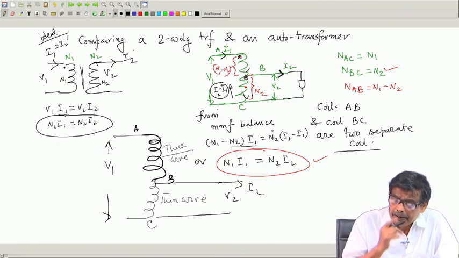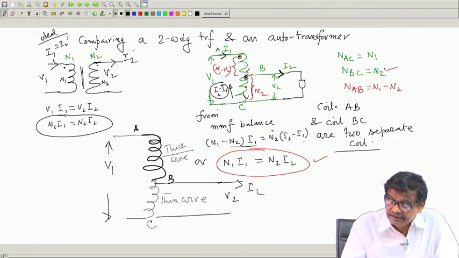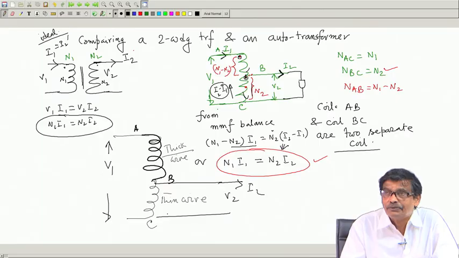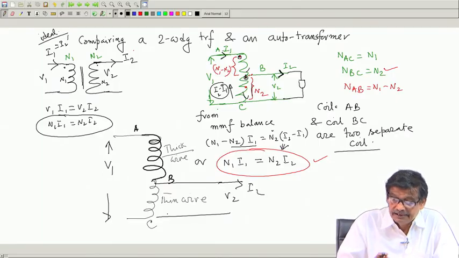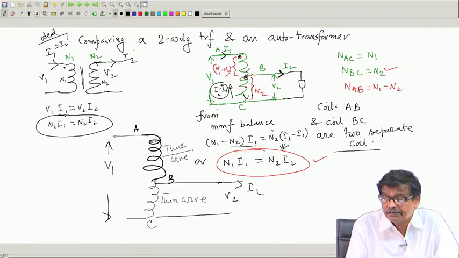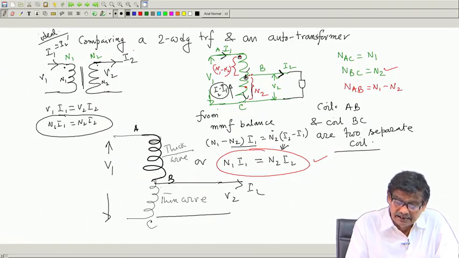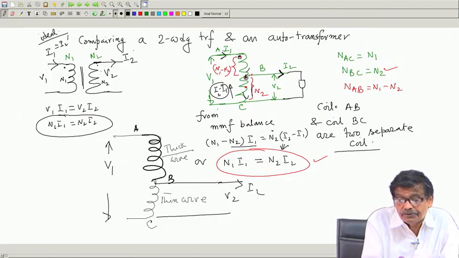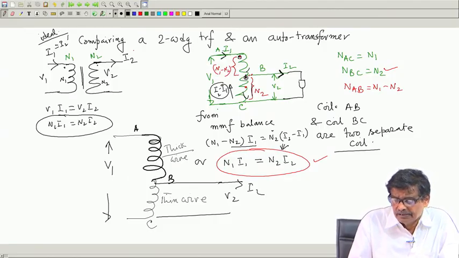From this it is interesting to note that we get N 1 I 1 equal to N 2 I 2. Then I argued, without doing any mathematics, that perhaps this current, the difference of these two currents I 2 minus I 1 going up, will be much less, and therefore a thinner coil can be used compared to its two winding counterpart, and you can save some copper.